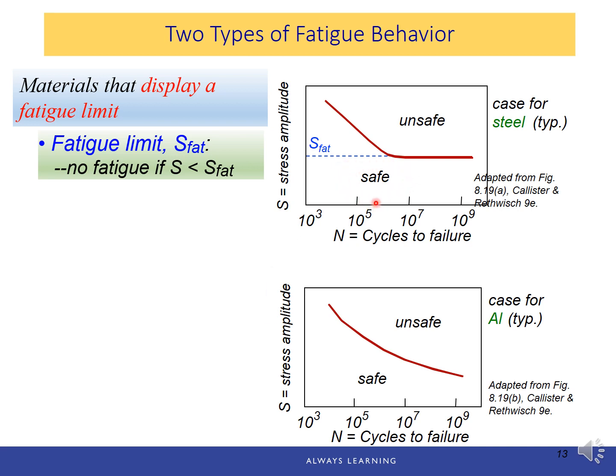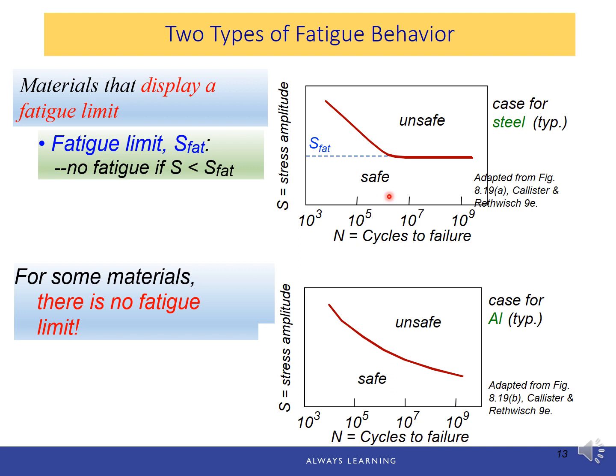For some other materials, for example, most non-ferrous alloys, including aluminum and copper, they do not have a fatigue limit. So the S-N curve continues its downward trend at increasingly greater N values. So fatigue ultimately occurs regardless of the magnitude of the stress.